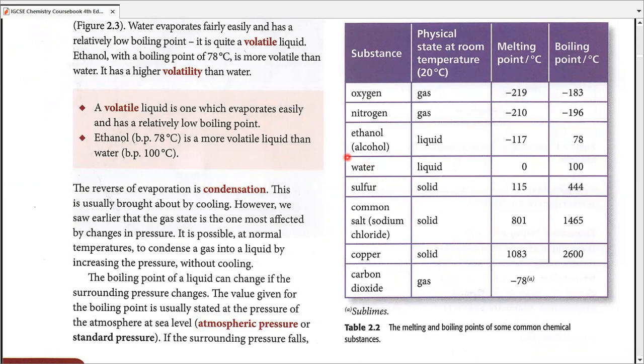They may ask what's the physical state at 100 degrees centigrade, or at 50, or at minus 50, or at minus 100. They can come up with any temperature, but there would definitely be two pieces of information there for you, the melting and the boiling point. Sometimes they even give you a single piece of information, but even that works for us.